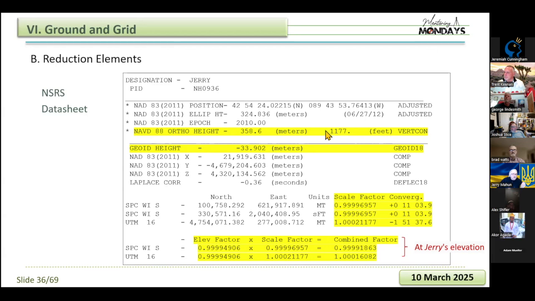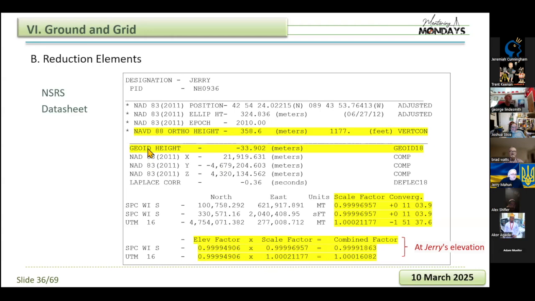What it had in here initially, this is NAVD 88, which is the current vertical datum, and NGVD 27 was a previous one. So what they did is they interpolated the elevation for the position off of a topo quad, and then ran it through VERTCON to convert it to the new one. So that's not a benchmark. I wouldn't use that for elevation control, but I can use that for my height and my elevation factor.